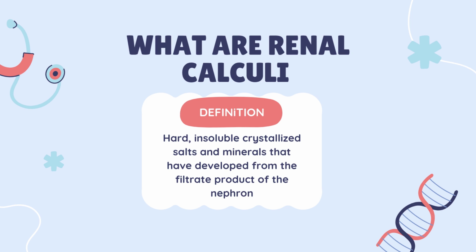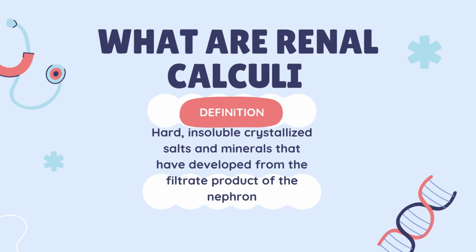Due to its disturbance, it leads to something known as supersaturation, that is, high concentration of stone-forming salts such as calcium, oxalates, uric acid, struvite, and even cysteine. These stone-forming salts later crystallize, leading to the stones, that is, the renal calculi.